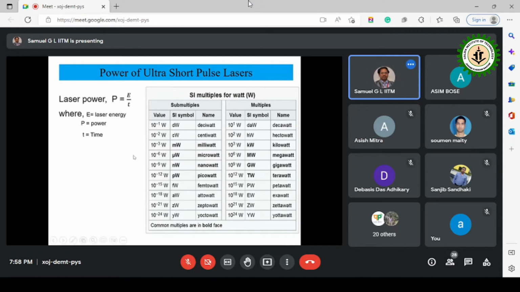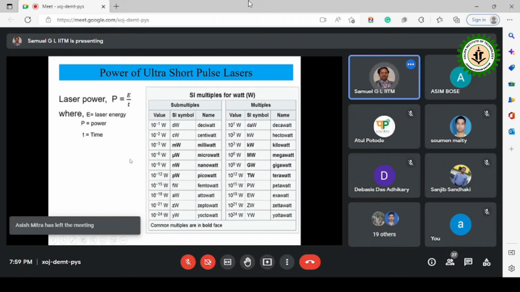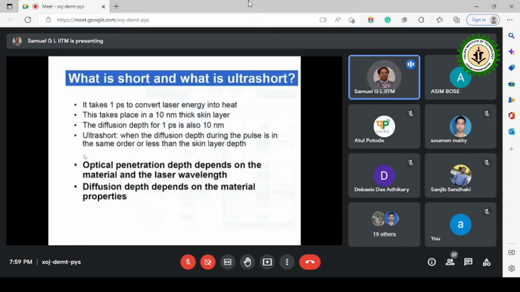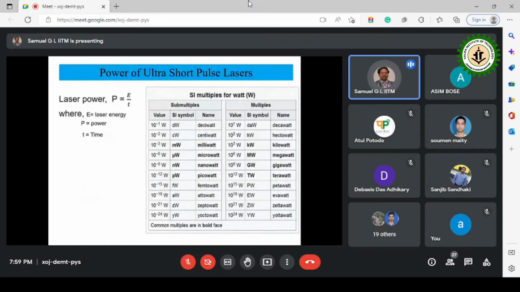And here, one more interesting phenomenon we see is, usually the laser power is calculated by the amount of energy we put divided by time. So here, the energy we give is only a few microjoules.